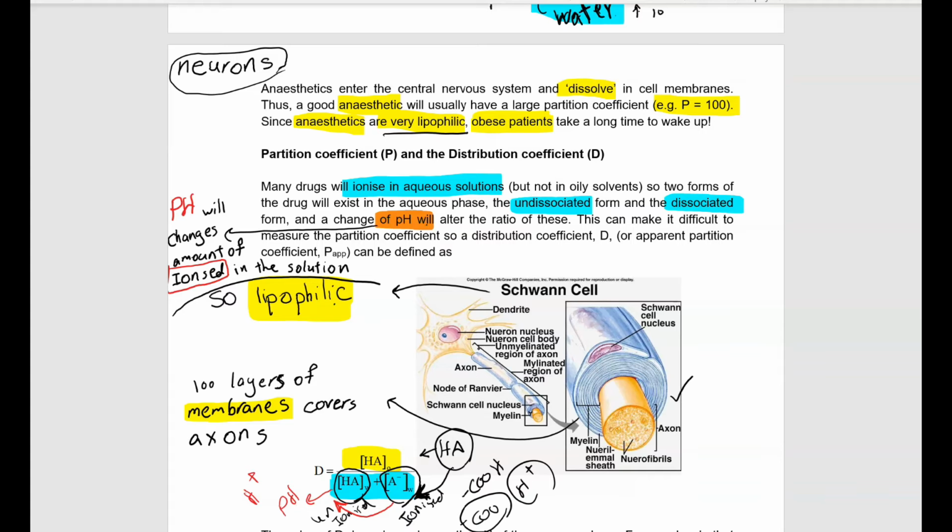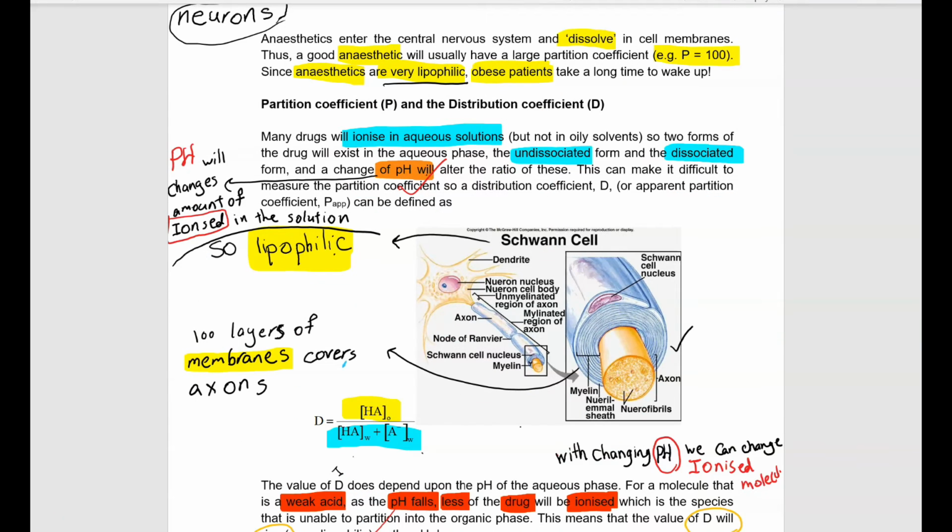If we increase the pH, or make it a little bit basic, this molecule can dissociate to produce more hydrogen to neutralize these hydroxide ions. So with changing pH, we can change the ratio of these.